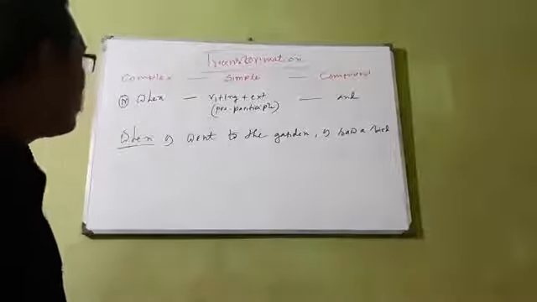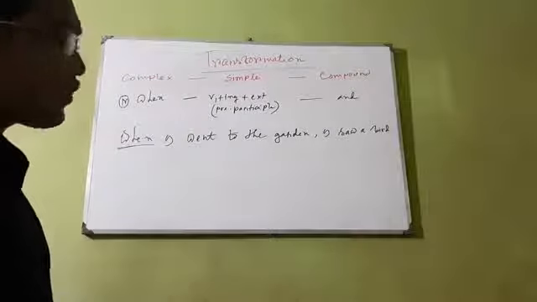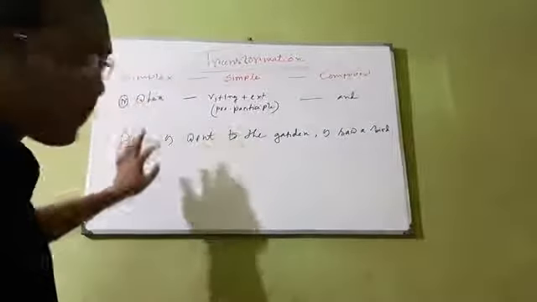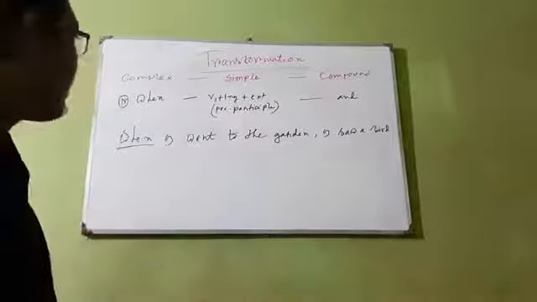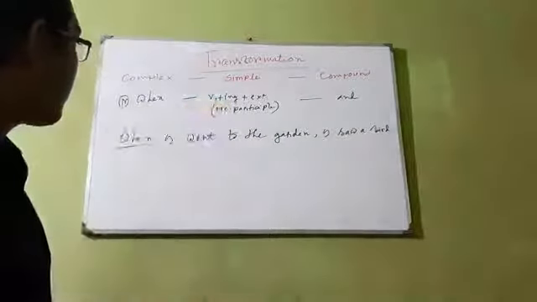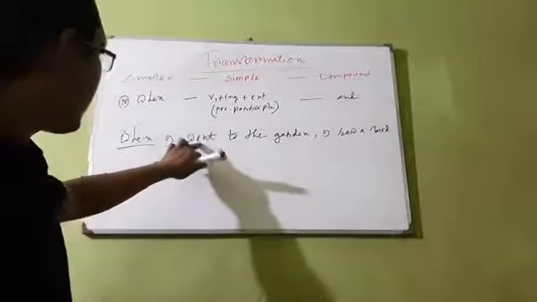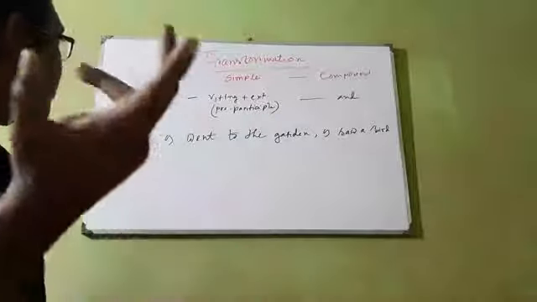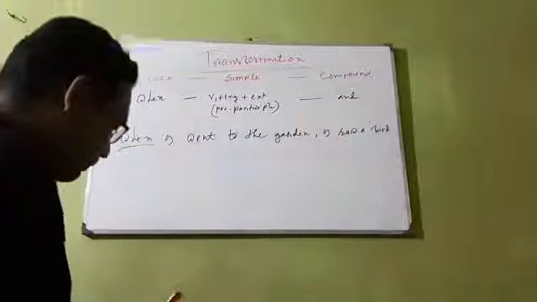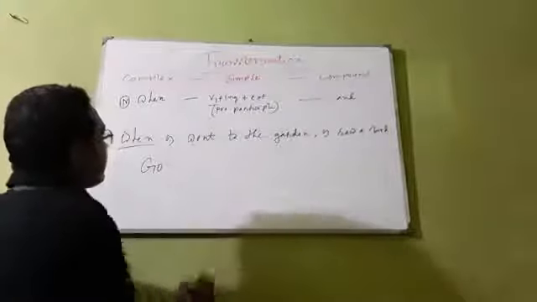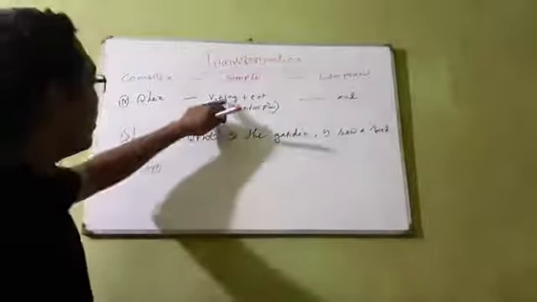If we want to make a clause into a phrase, we have to leave the subject of the clause. Then we have to find out the base form of the principal verb. The principal verb is here went, and go is the base form of this verb. We have to write down go, and after the base form of the verb we have to put ing.